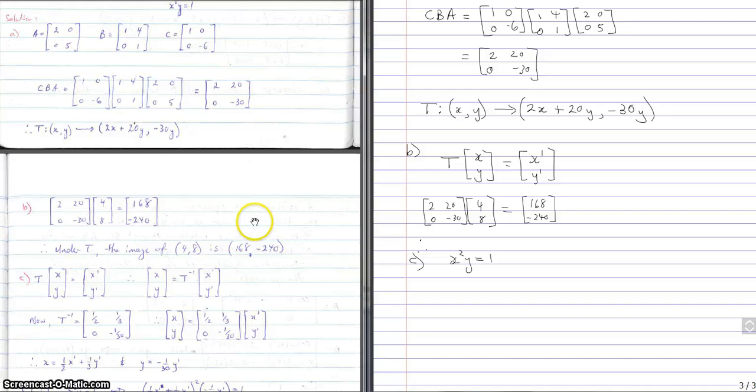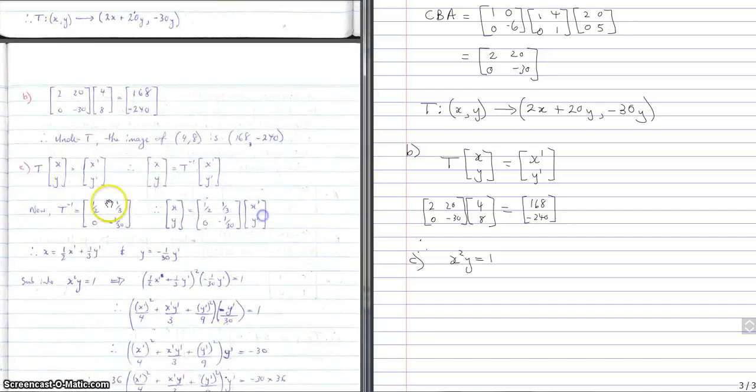Okay, so for the inverse transformation matrix, we're just taking our [2, 20; 0, -30], that's our transformation matrix T. We can put that into our calculator, raising it to negative 1 to find the inverse, and we get [1/2, 1/3; 0, -1/30]. So that's our inverse transformation matrix.